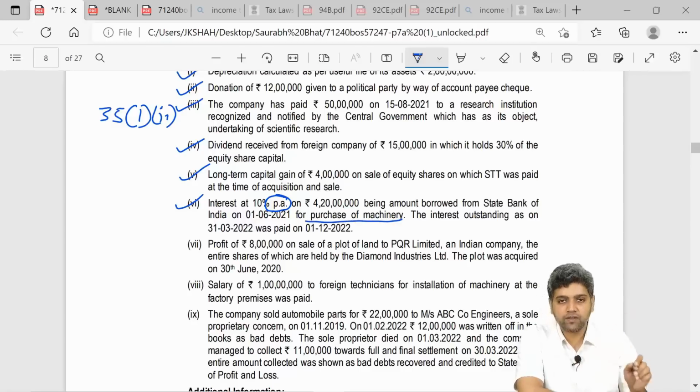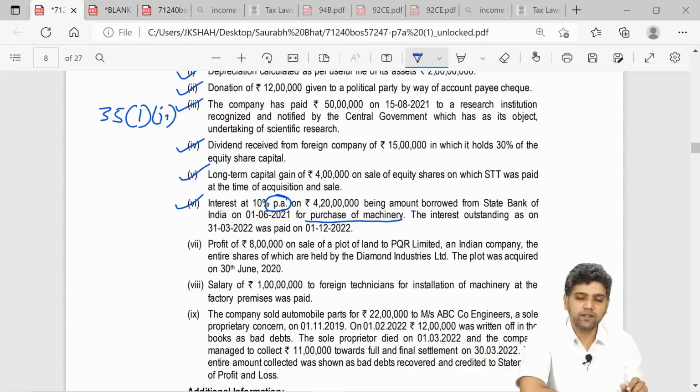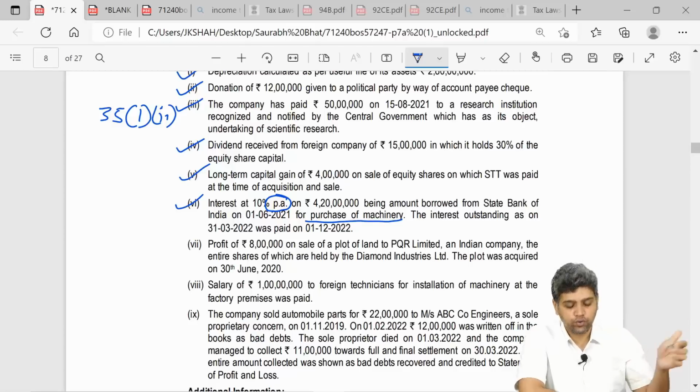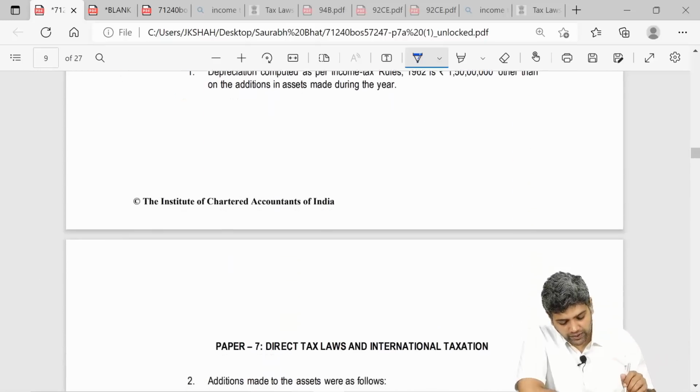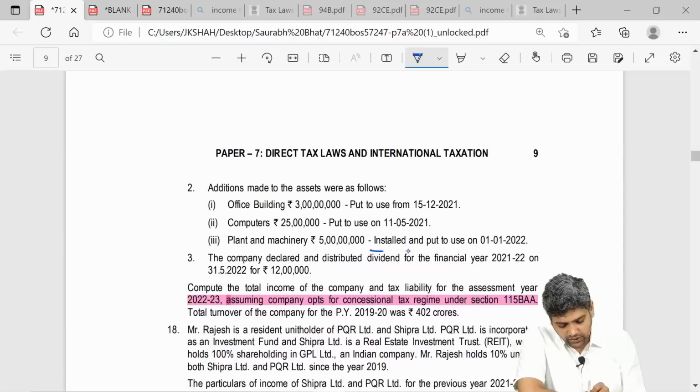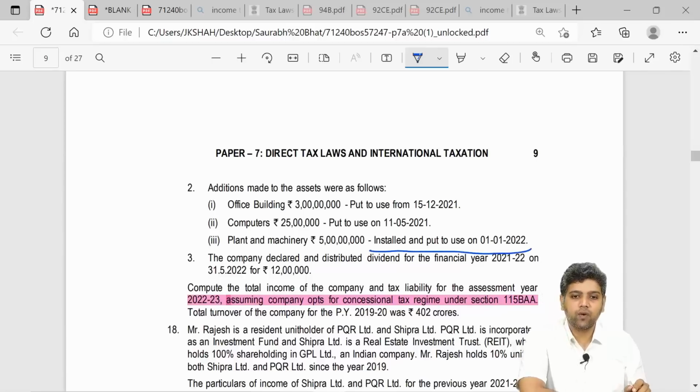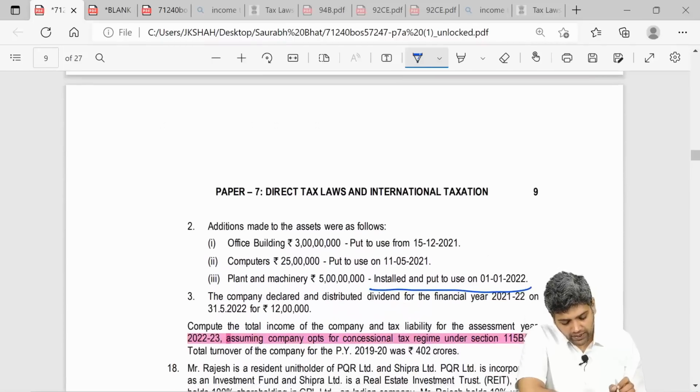It is paid for purchase of machinery. We know as per section 36(1)(iii), any interest paid on acquisition of asset shall be capitalized up till the time when the asset is put to use. So over here in the additional information they have told me that the machinery was acquired and put to use on 1st January 2022. So I have acquired and put this asset to use after 9 months.